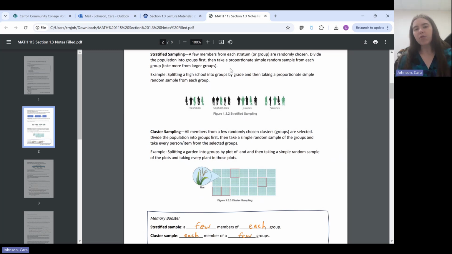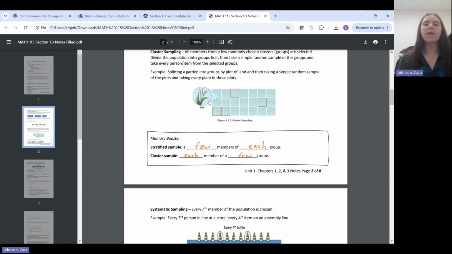What I mean by proportionate is you take more from the larger groups and less from the smaller groups. Basically, the amount you take from each group is proportionate to its size. A good example of this would be splitting a high school into groups by grade and then taking a proportionate simple random sample from each group. So stratified sampling, in summary, you split the population into groups and then you take some from every single group.